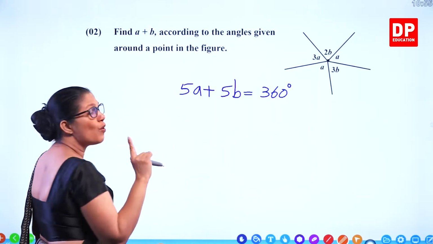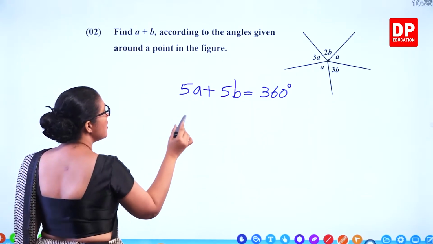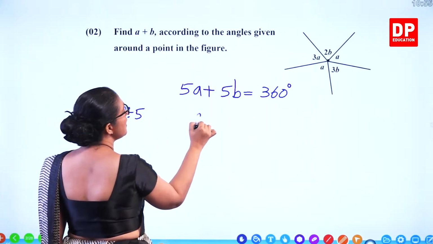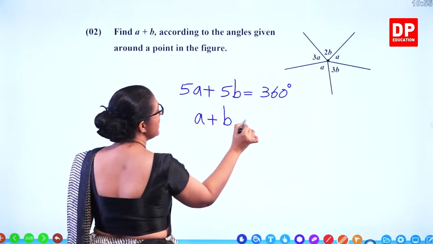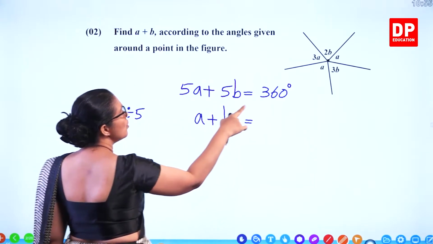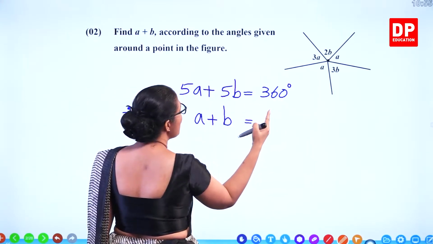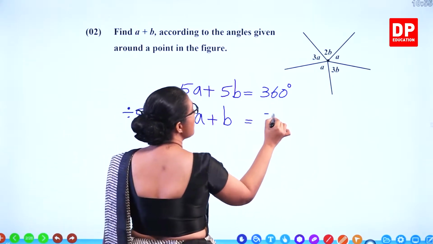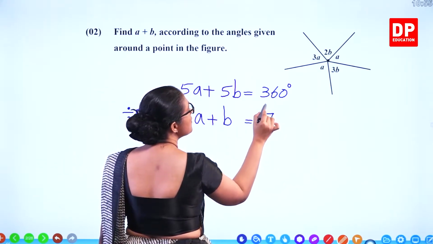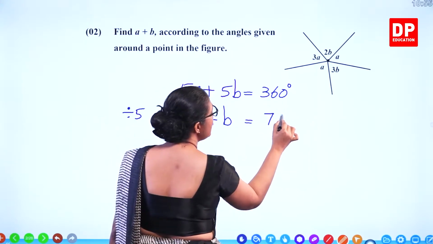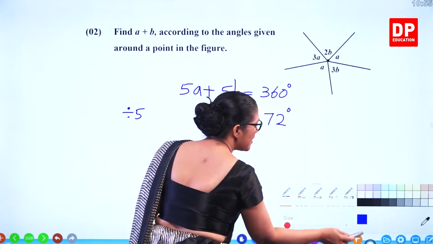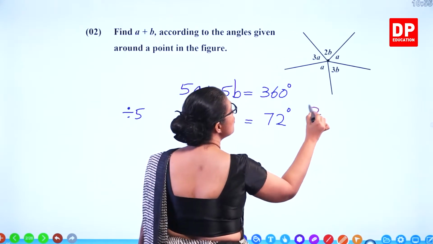When you divide the whole equation by 5, you get a plus b is equal to 360 divided by 5. 5 times 7, 35, and for 10, 2. So the sum a plus b is 72. So you get 2 marks for that.